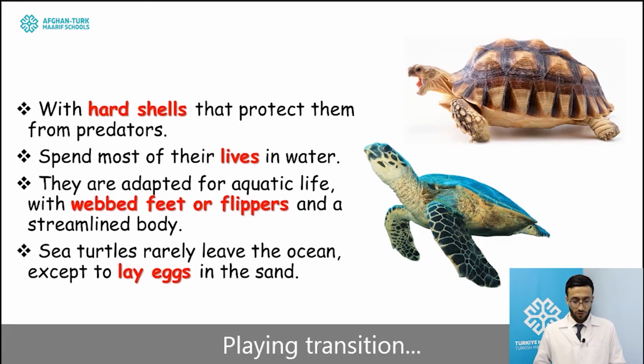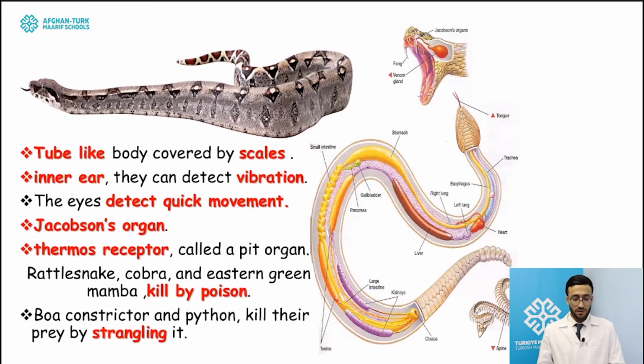Another species of the reptiles that we are familiar with, and mainly we are scared of, yes, exactly, we call them snakes. About their external and internal features, the most distinguishing parts that they share are that their body is tube-like, covered with beautiful and colorful scales.